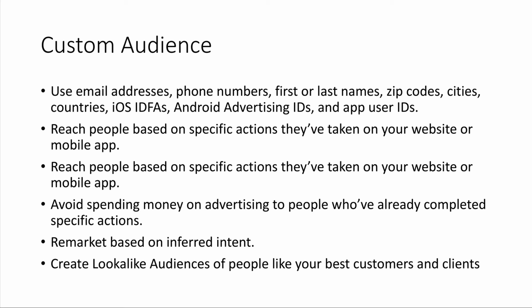So these people are at a very advanced stage of conversion. You can easily target them. That's why you can have different kinds of campaigns targeting different kinds of people.